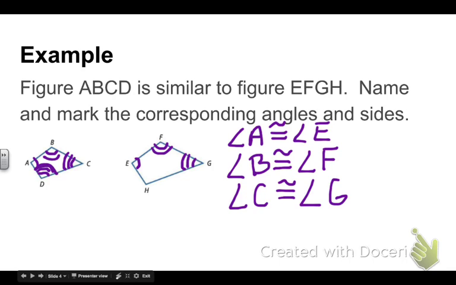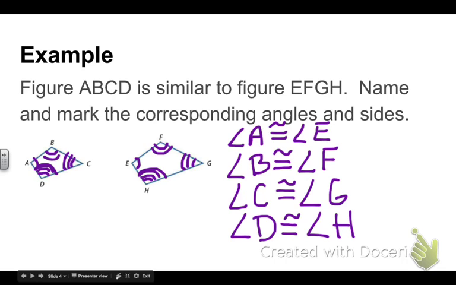I'm putting 4 marks: 1, 2, 3, 4. I know it gets a little messy. So angle D is congruent to angle H. Now, those are all our angles.